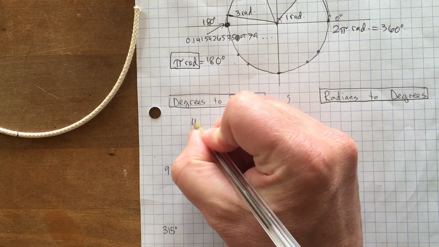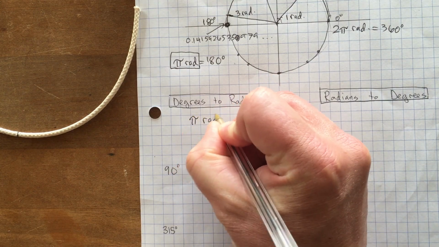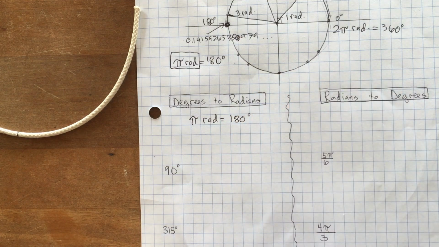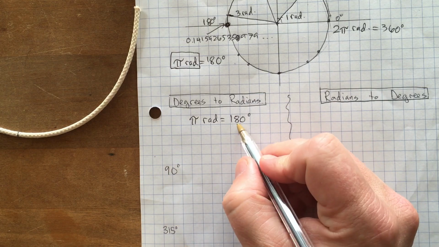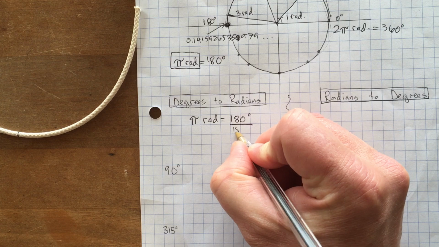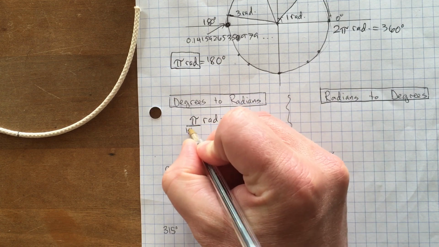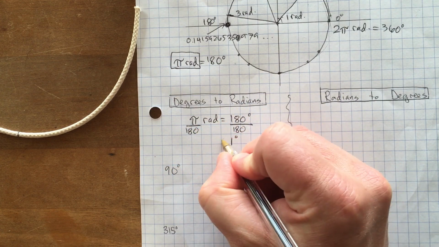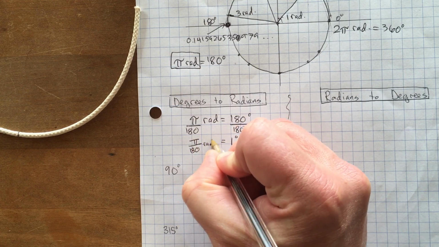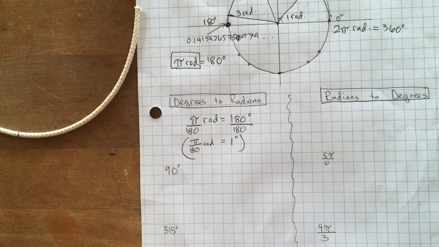I'm going to start with the idea that it's pi radians in 180 degrees. Since I want to know degrees, how many radians are there in 1 degree? I can just divide by 180. It turns out that 1 degree is equal to pi over 180 radians. That's what we think of as the conversion factor.